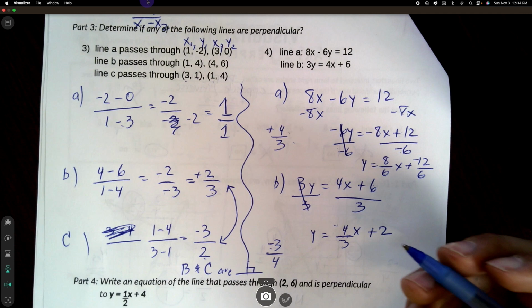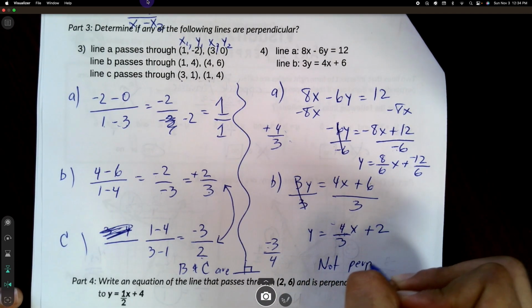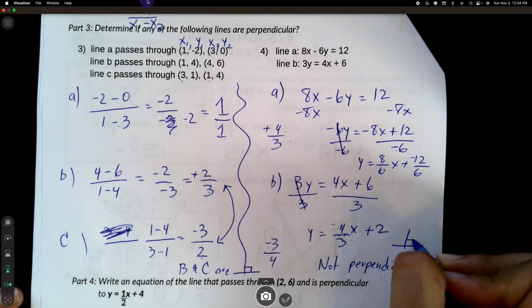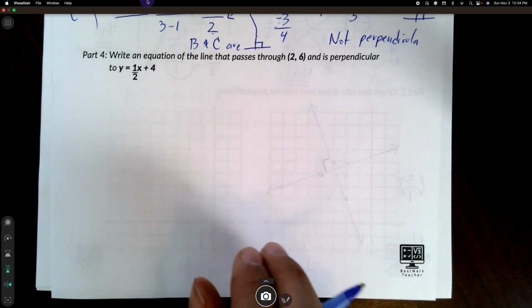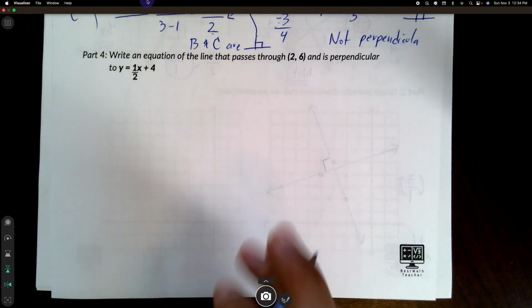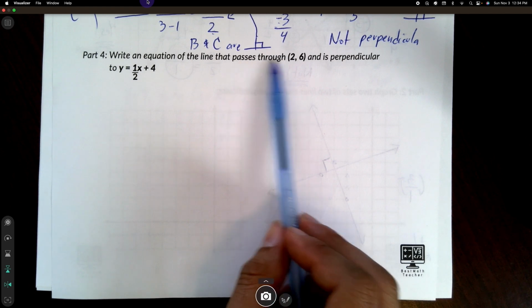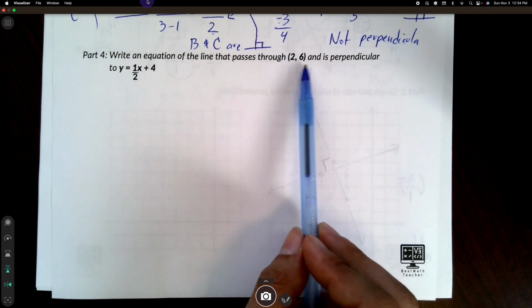So not perpendicular. Or we can just use this. That also means perpendicular. All right, now we could use Desmos to graph these because we want to see a line that's perpendicular to a point that goes through there.